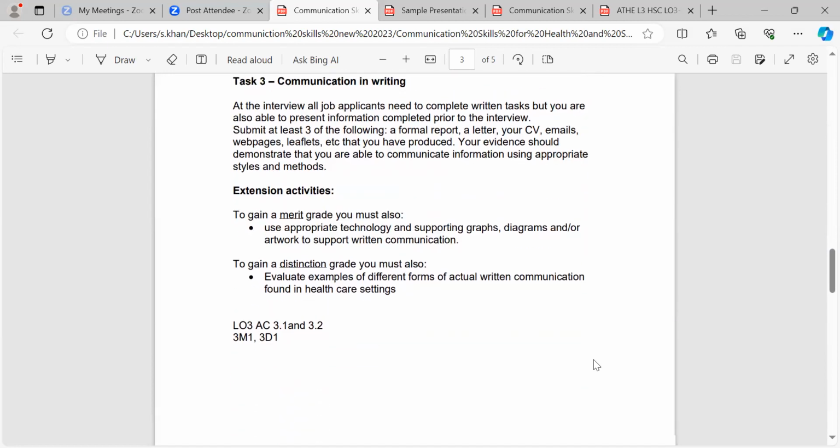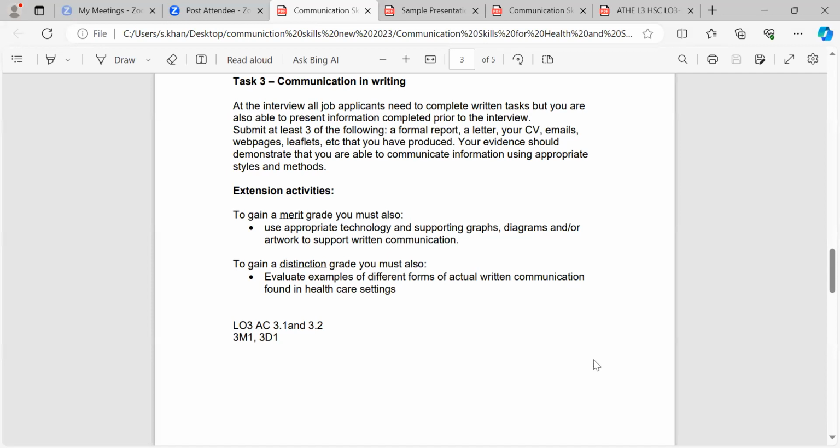Then task 3, communicating in writing. At the interview, all job applicants need to complete written tasks, but you are also able to present information completed prior to the interview. Submit at least 3 of the following. So it could be a formal report, a letter, or your CV, or emails, web pages, leaflets that you have produced. Your evidence should demonstrate that you are able to communicate information using appropriate styles and methods.